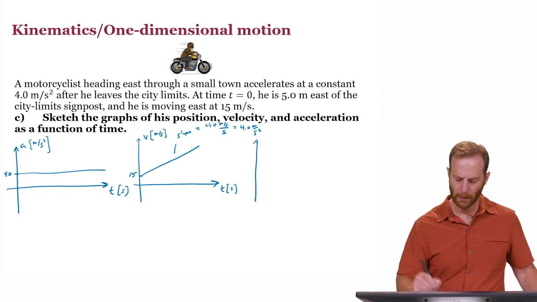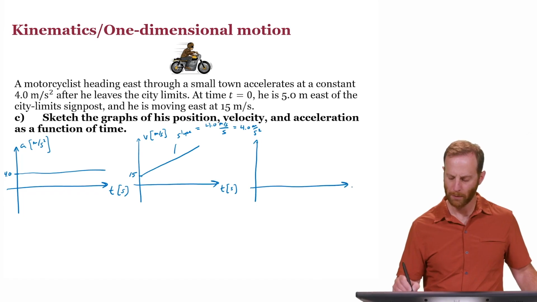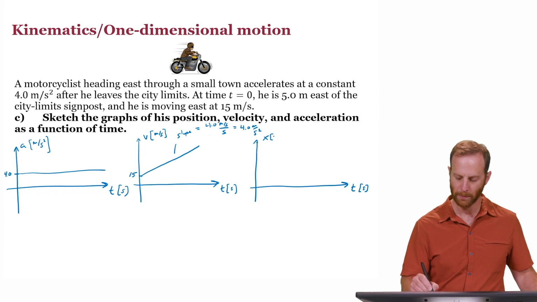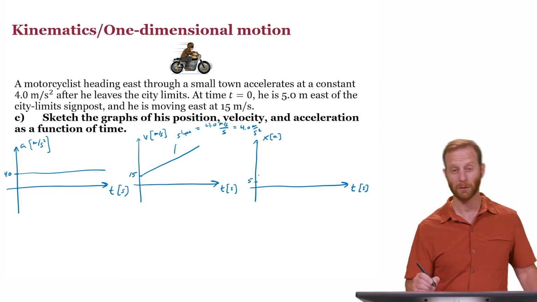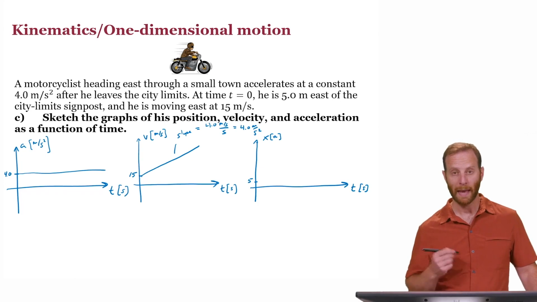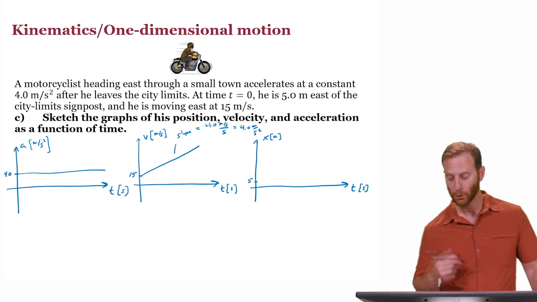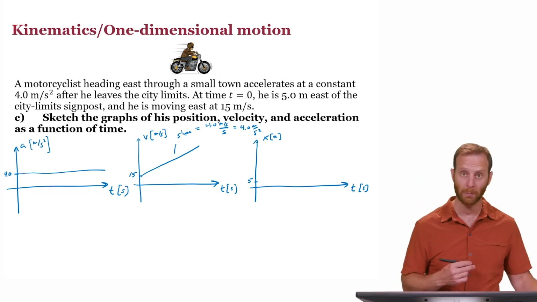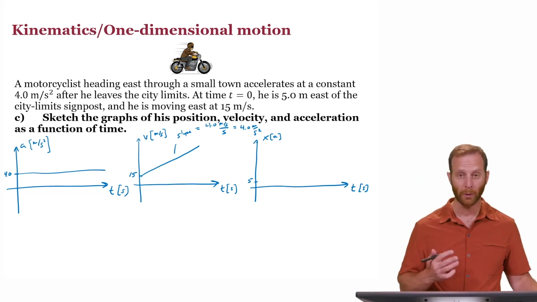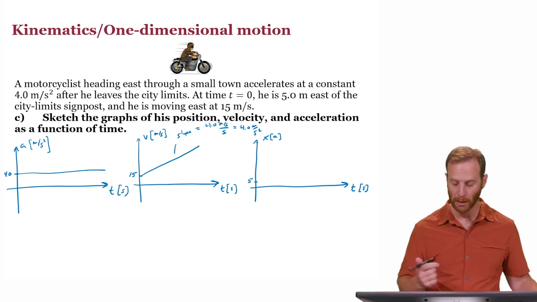Lastly, making a plot of the position in meters as a function of time, we know that the position of the motorcyclist starts at 5 meters and he's initially moving. So the slope of this graph, which is the velocity, should not be 0. Not only that, but that slope should be steadily increasing.